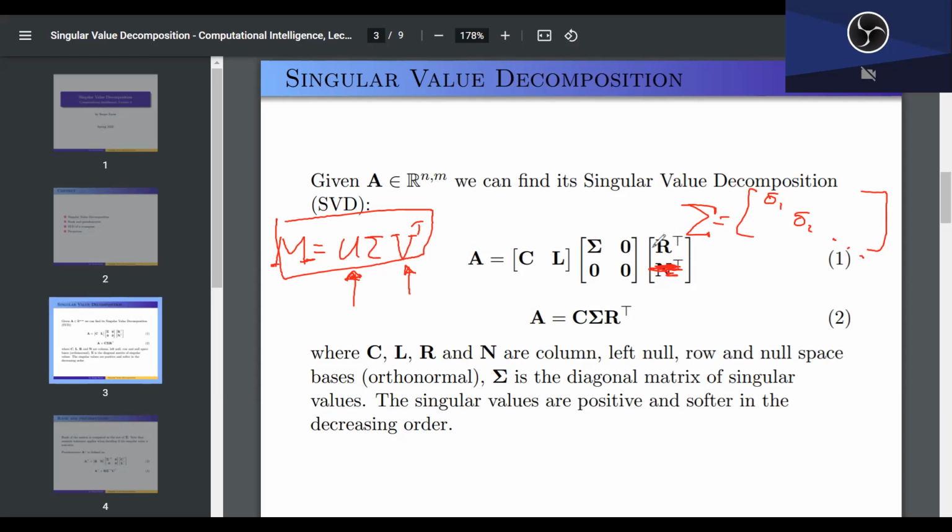So you just have big sigma times R transpose, and zero, right? Big sigma, sorry, not Xi. You have this situation here when you multiply this together. And when you multiply this by this, it goes away because it's multiplied by zero, right? And you end up with this expression.